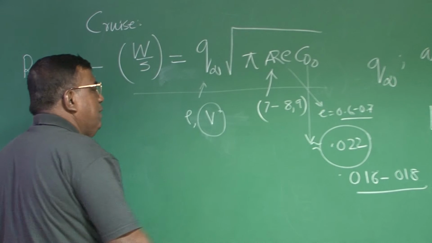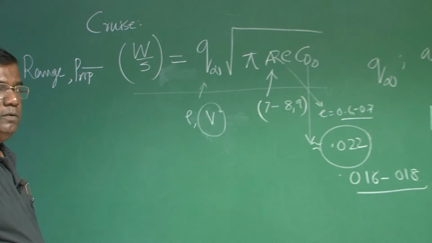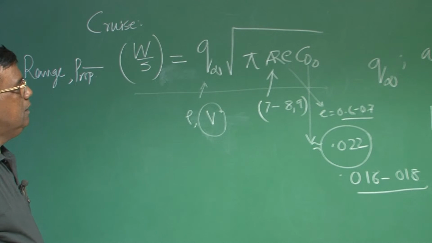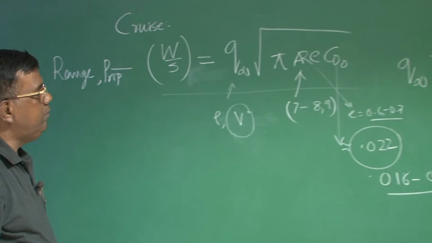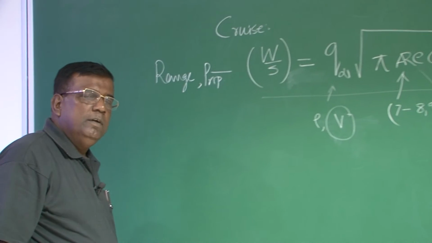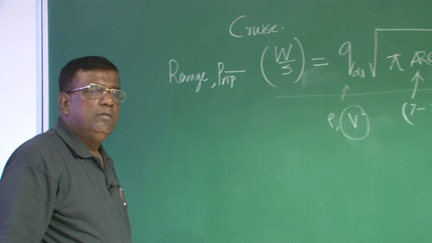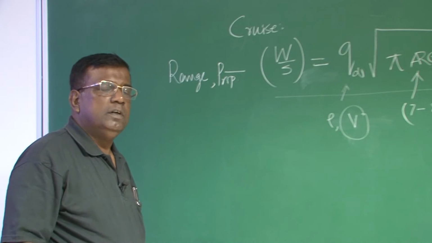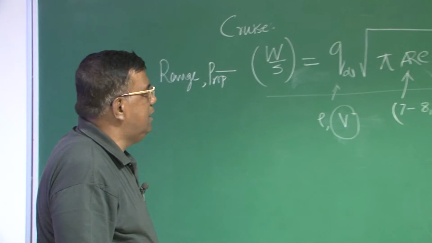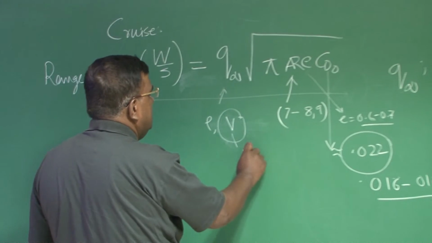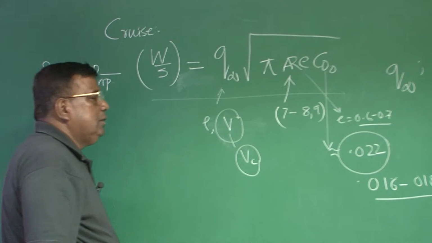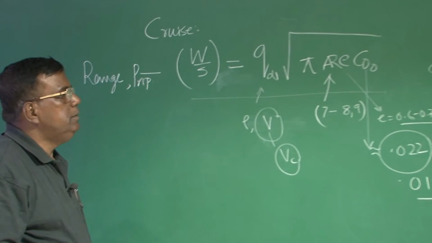It is generally preferred that you see your baseline aircraft or the mission requirement for which you are designing a conceptual aircraft, look for another aircraft which is closer to that and pick their cruise speed, and try to iterate around that.